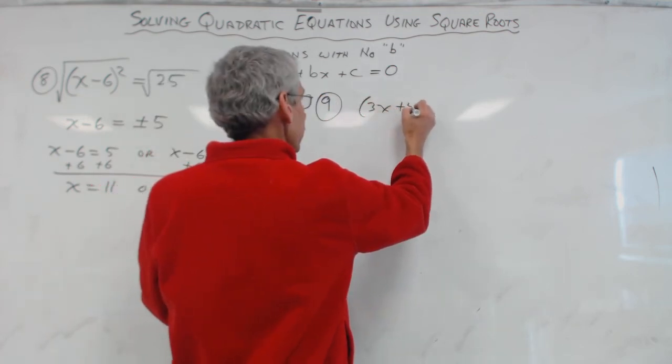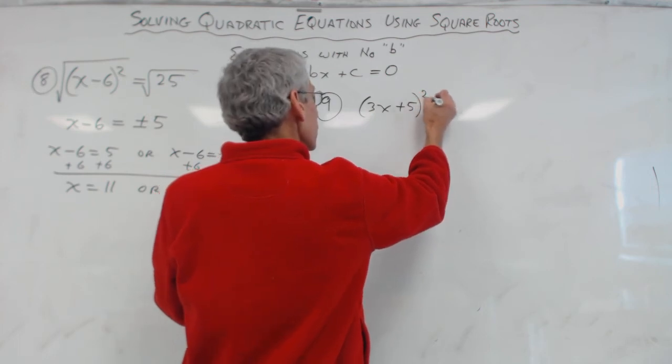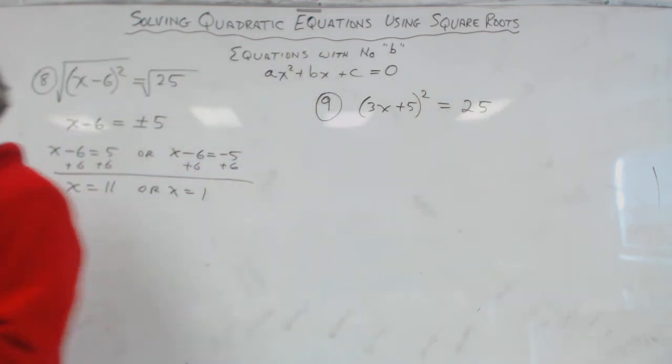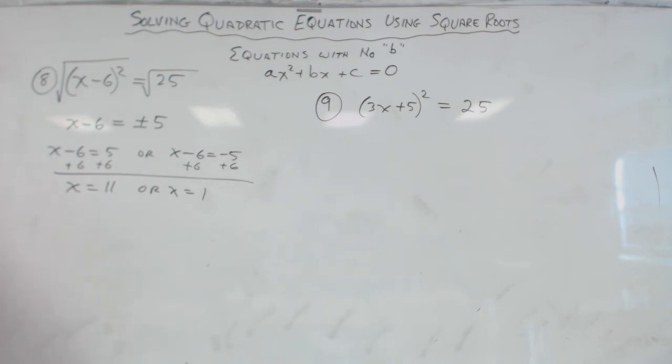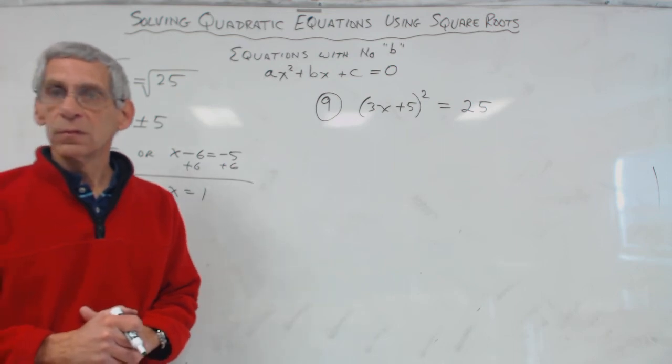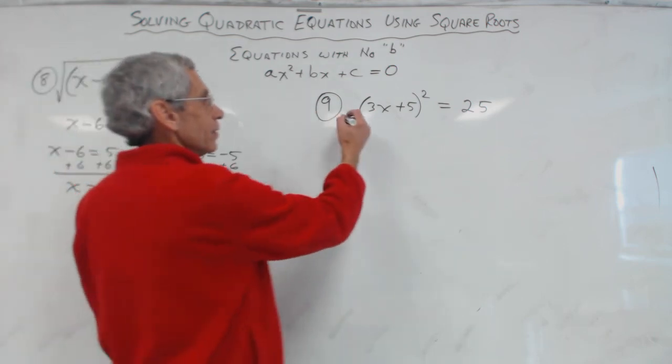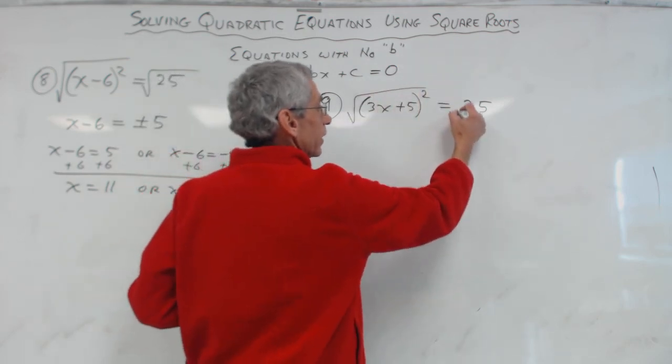(3x + 5)^2 = 25. This one is on the homework. This is number 15 on the homework. What would I do? You'd just square it. I could square root both sides, right? Yeah.